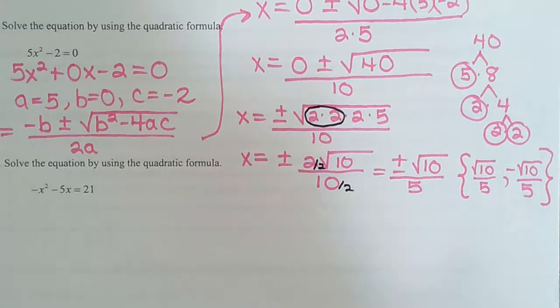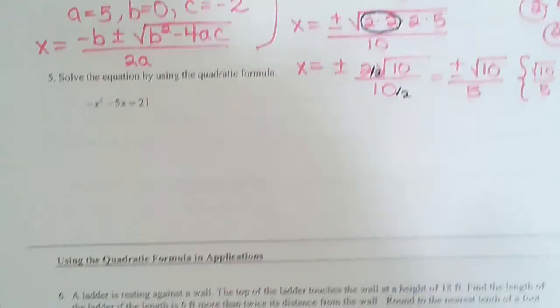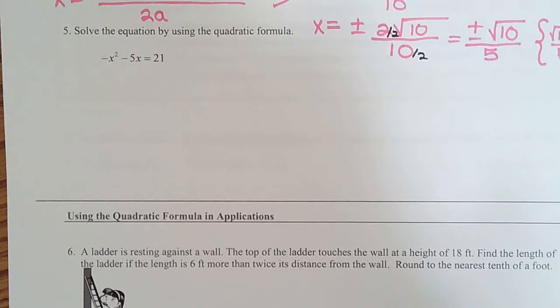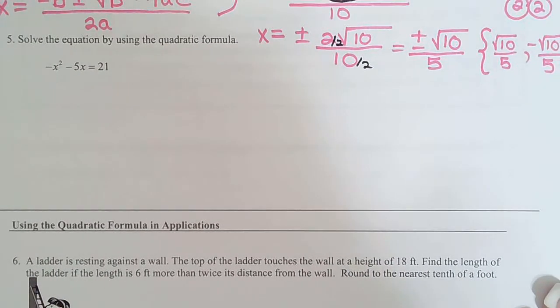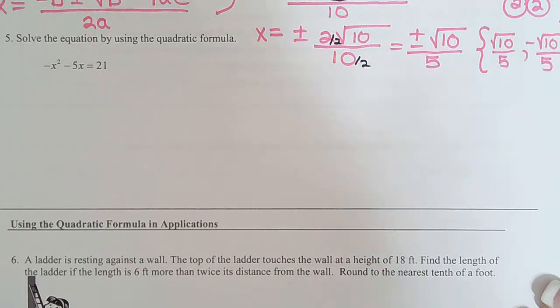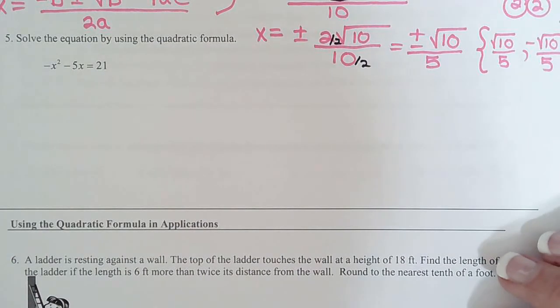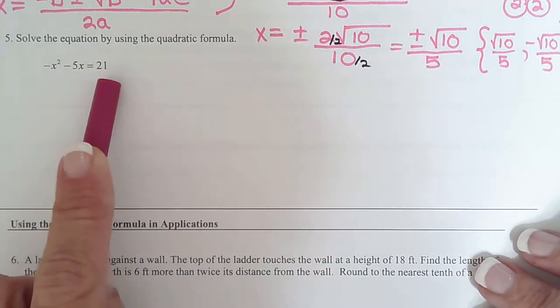Okay, let's do this last one and then we'll move on to some word problems. I'll try to keep the answer in there in case you haven't copied it yet. Okay, so this one, not set equal to 0.